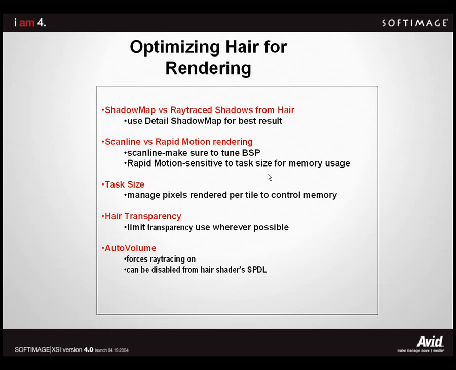The first thing to mention, and we've talked about this already, is that if you're using shadows, detail shadow map is a good way to go. It basically gives you the best quality because you're computing both the hair transparency and color when calculating the shadow map.